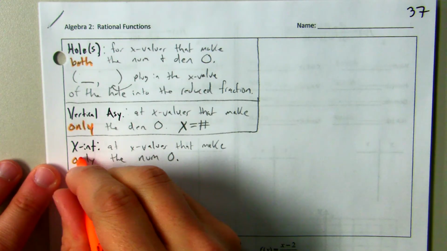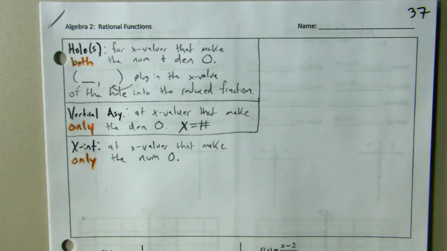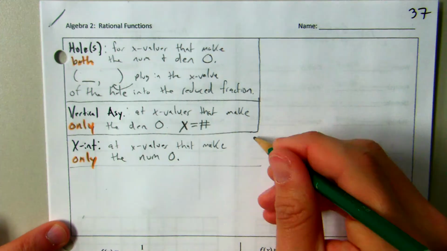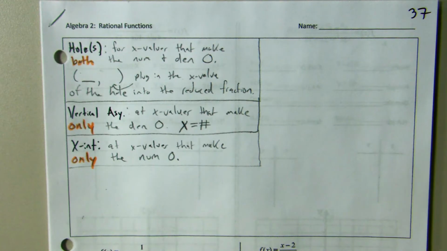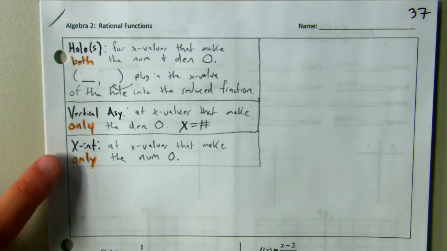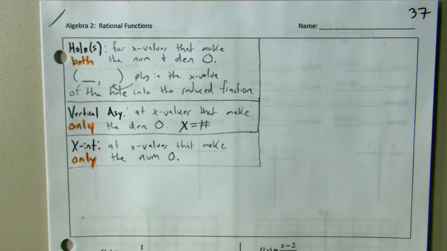Okay, keyword only. We also talked about why that is, because if you make the numerator 0, that's when a fraction equals 0. And if our fraction equals 0, that's where y equals 0. And where y equals 0 is where you find its intercepts.